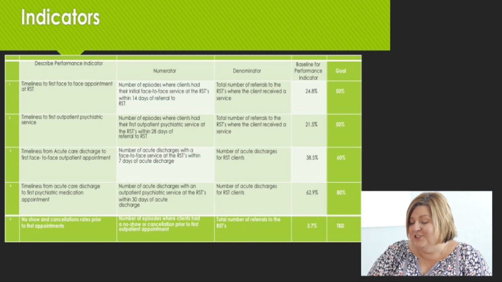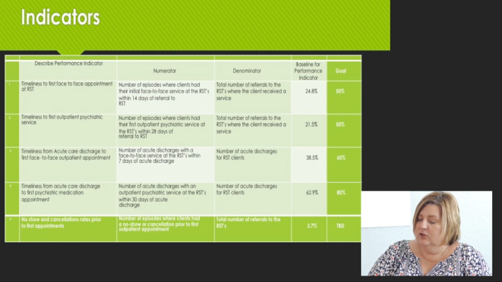They're also looking at no-shows and cancellation rates prior to that first appointment. So this is telling them, prior to that first appointment, who is not showing up. Is there something in the system that is causing folks to not make it? How many of them are canceling before they show up? Right. So we've set this appointment, but they're not showing up. So let's figure out what's going on with that.